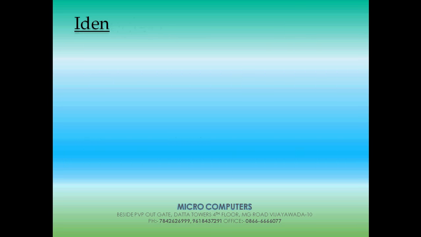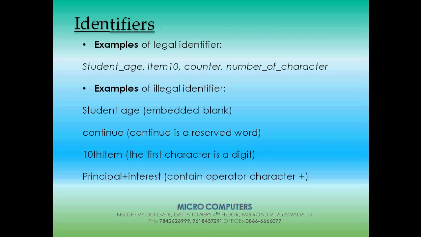Let's see some examples of identifiers. Here we have legal identifiers and illegal identifiers. Legal identifiers can be any name like student age, student followed by underscore age. Item10 can also be an identifier. It's a legal identifier.